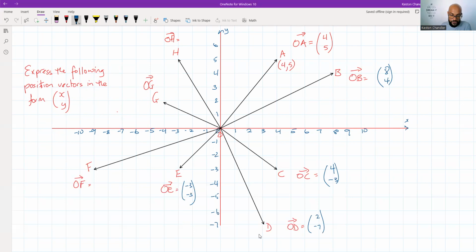OF is actually -9 and -3. Yep, that's correct. Very good, Julia. OG, right here, my X is going to be negative and my Y is going to be positive 2. And H is going to be -3, 5.